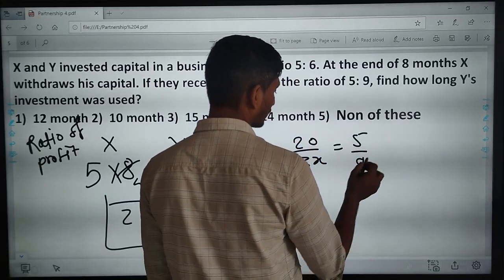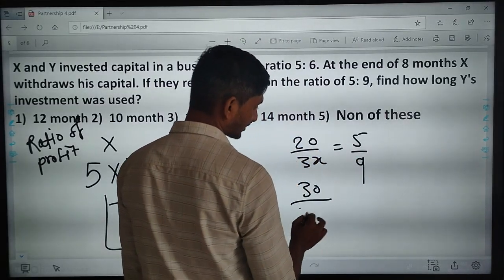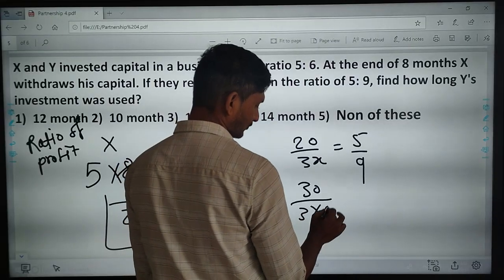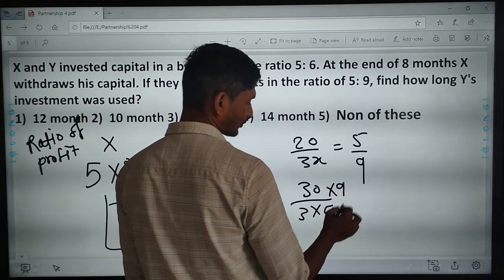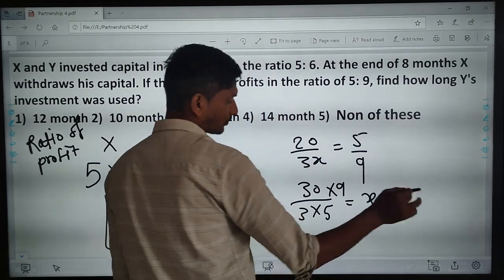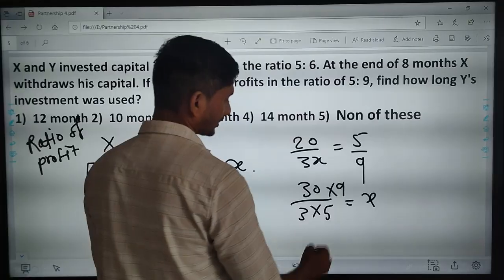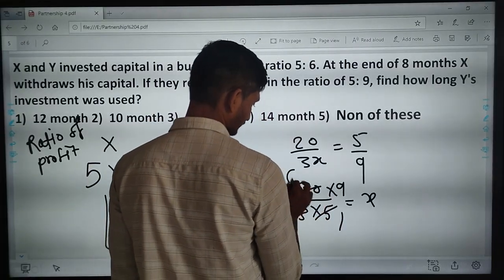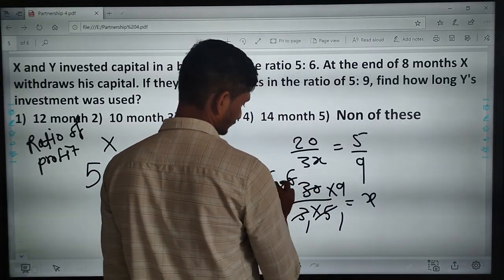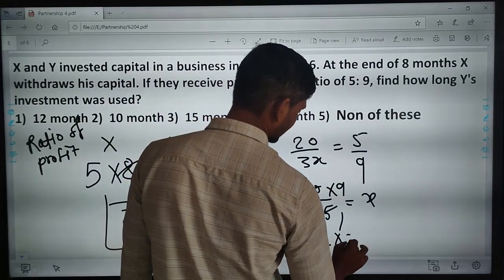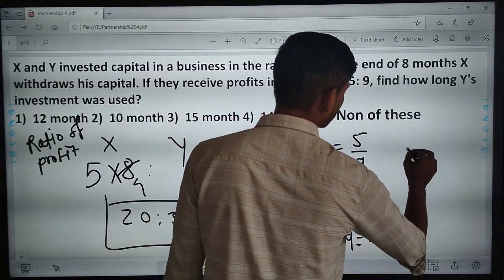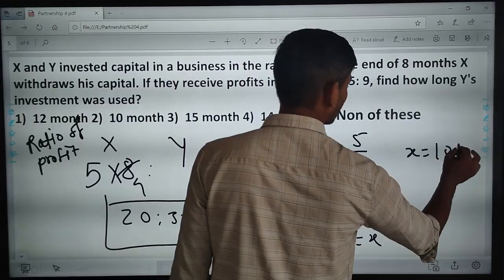Here we get the value of x, that is x is equal to 18.